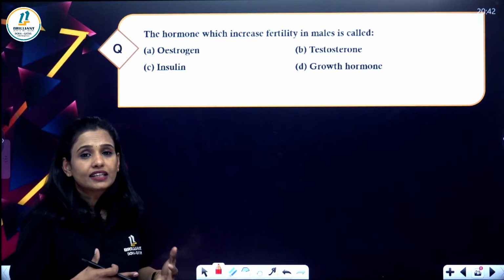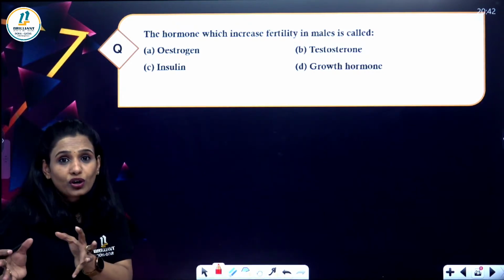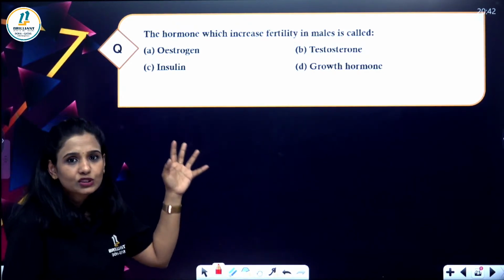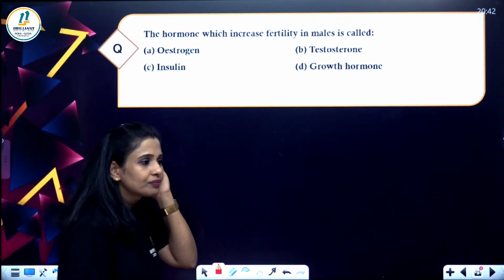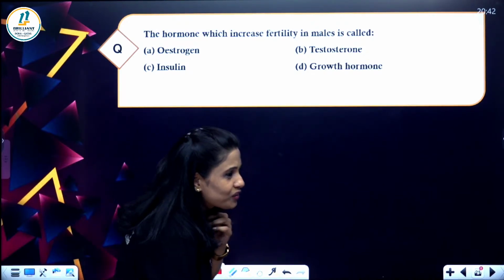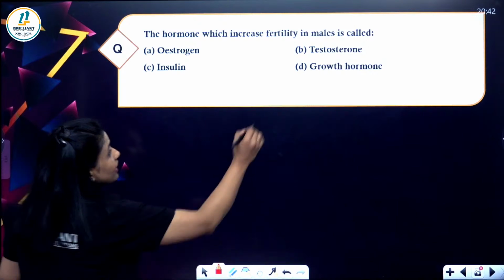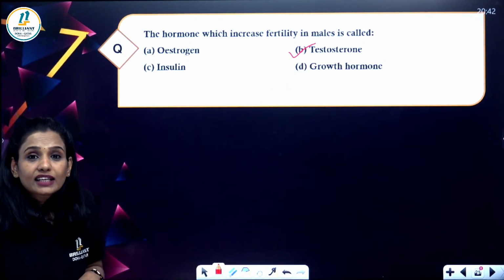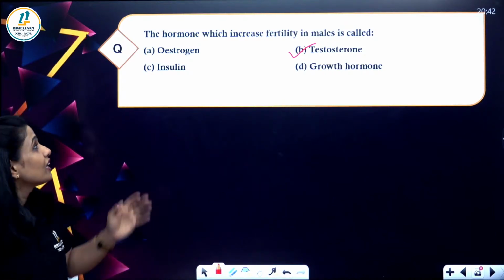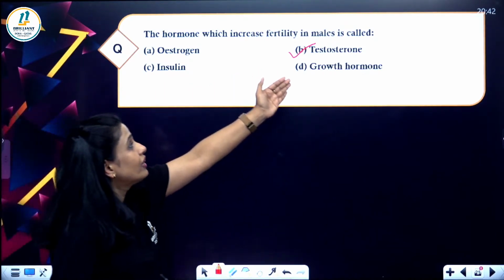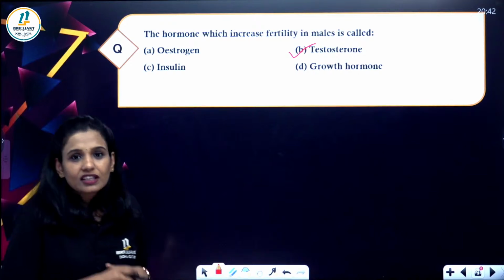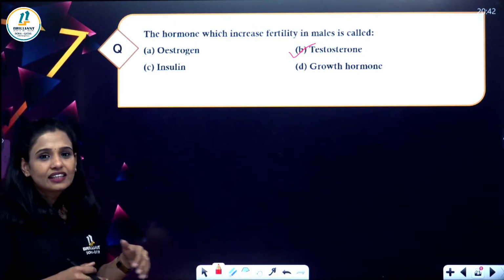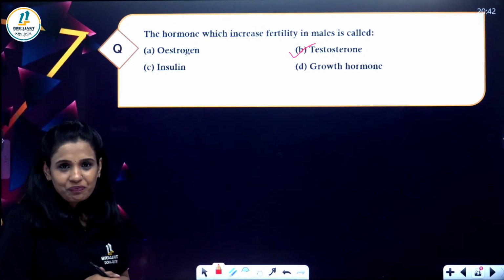Which is the male sex hormone? Very good. It is testosterone. The male sex hormone is testosterone, which increases the fertility in male.